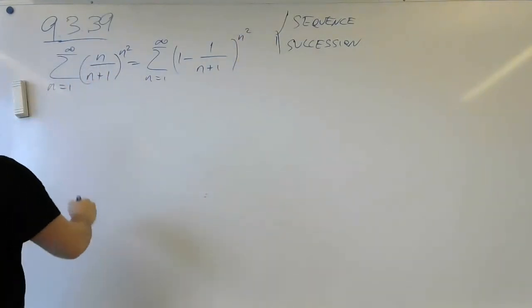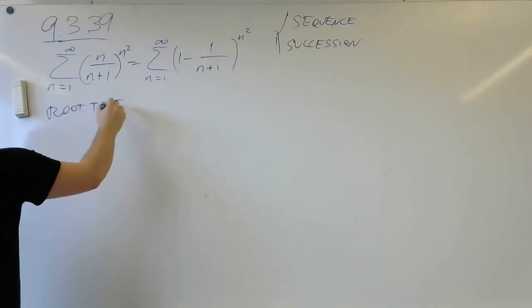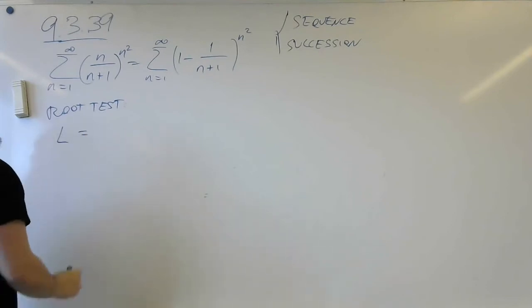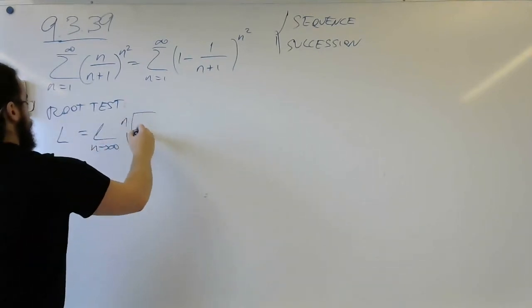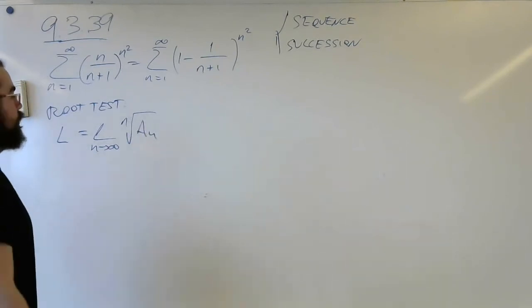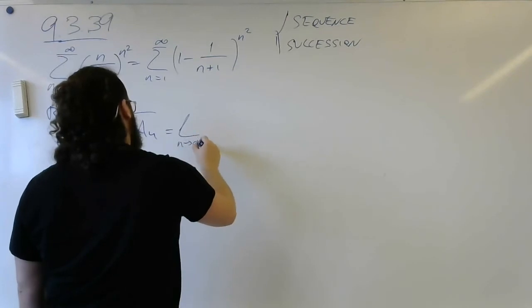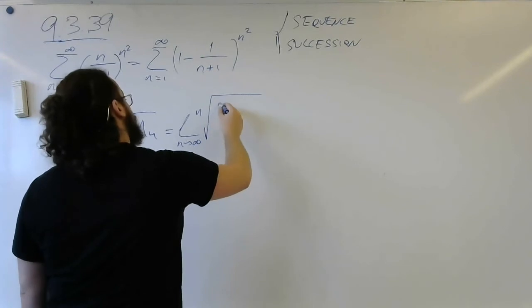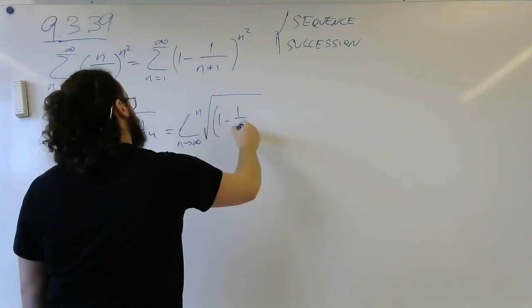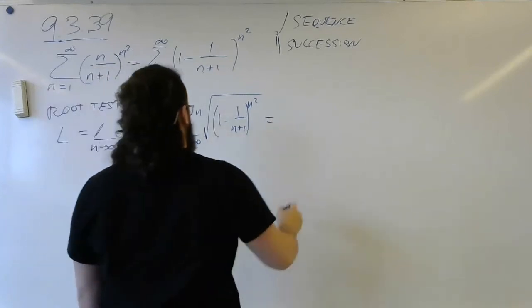And so for our root test, we have L, which is the limit when n tends to infinity of the nth root of a sub n. So in our case, which is no other than that.